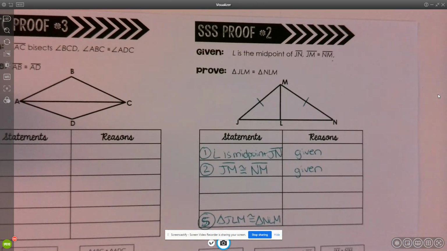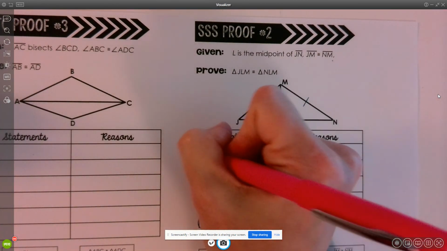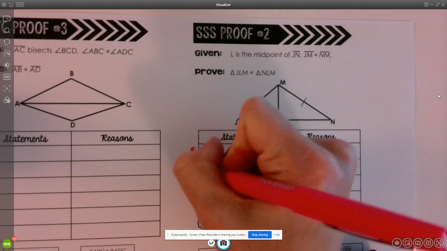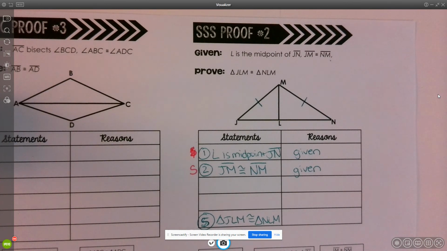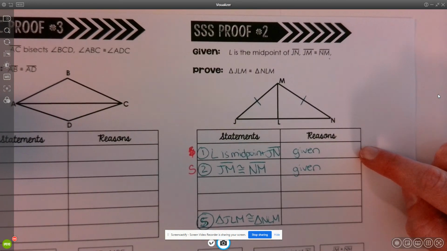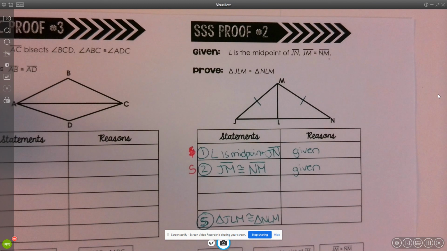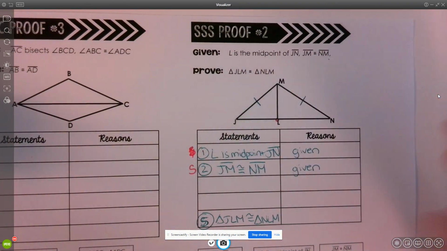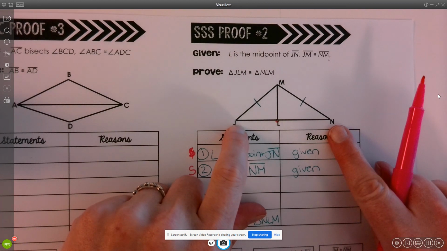So this time in this proof, I have less information to start out with, meaning I only have one pair of congruent sides right now. I know I'm going to have to find some more pairs of congruent sides. Let's go back and let's use the fact that L is a midpoint. In our previous example, we said midpoints divide line segments into two congruent pieces.